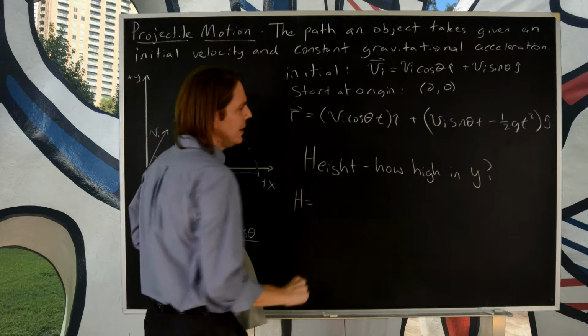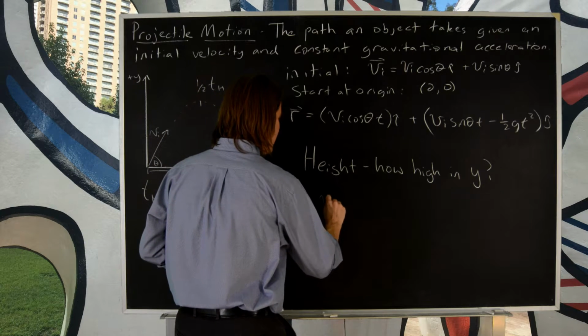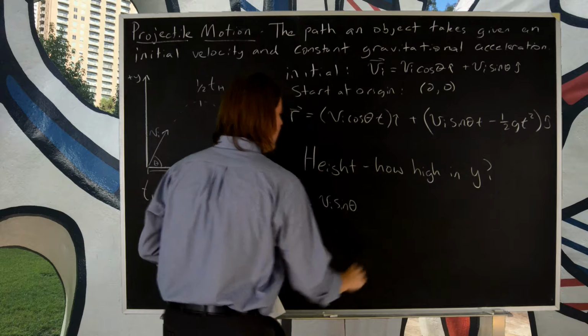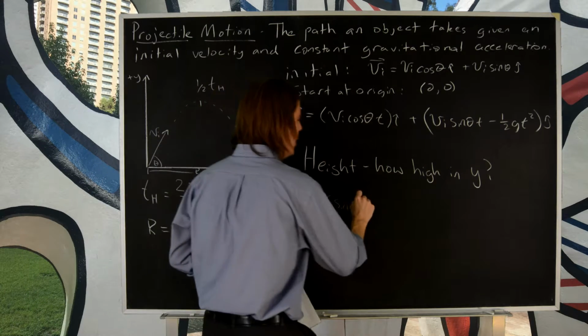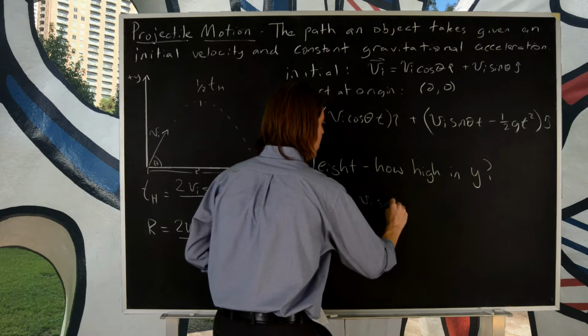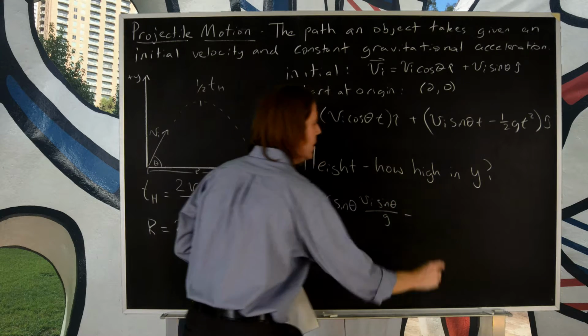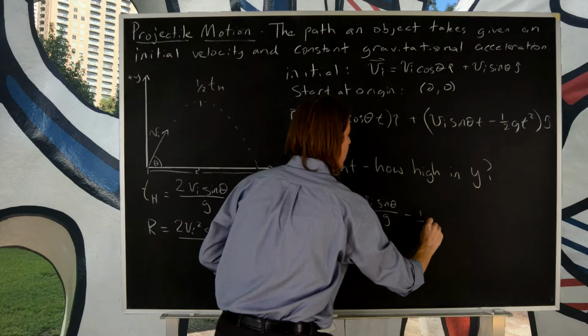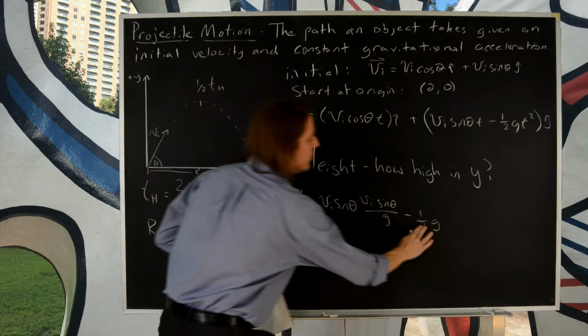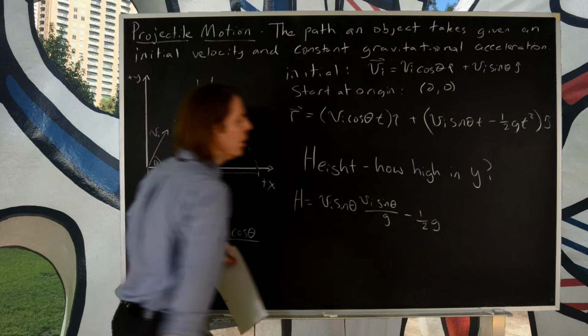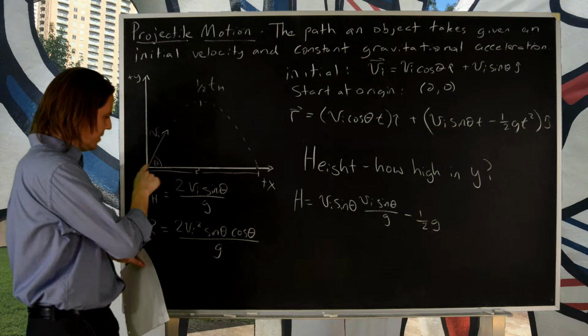H equals vi sine theta, and I'm going to plug in vi sine theta over g. Vi sine theta over g minus 1/2 g, and now I want to put this squared.